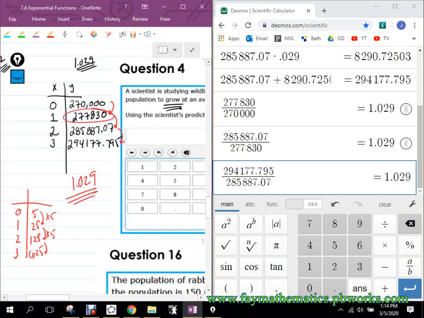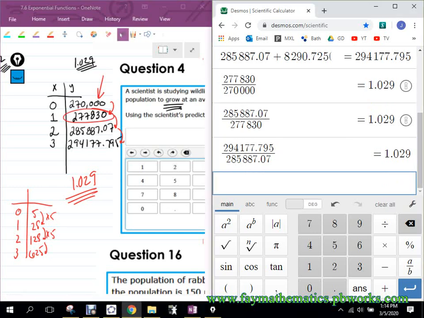Isn't this number 100% of that number plus 2.9% of that number? Does that make sense? So if I go 100% as a decimal, it would be 1, right? 2.9% as a decimal would be 0.029, right?